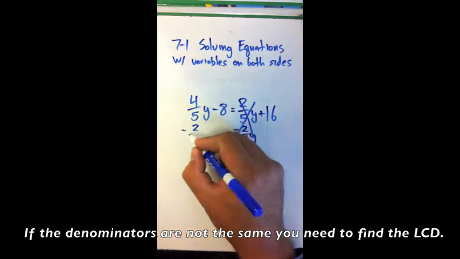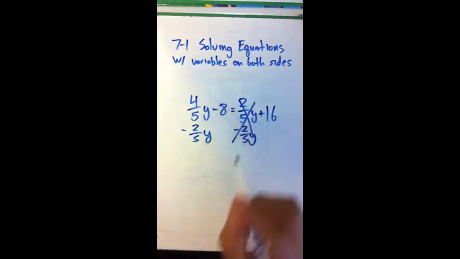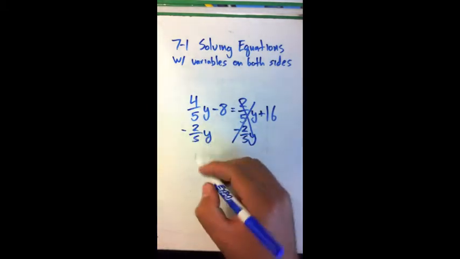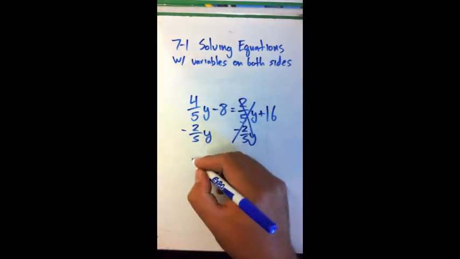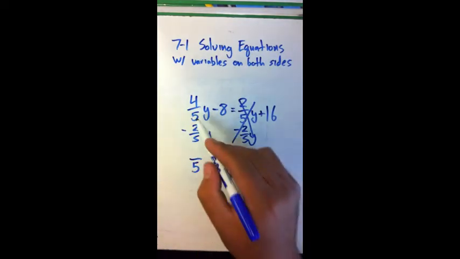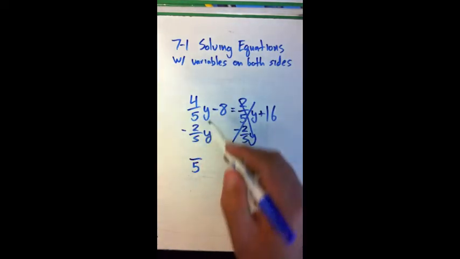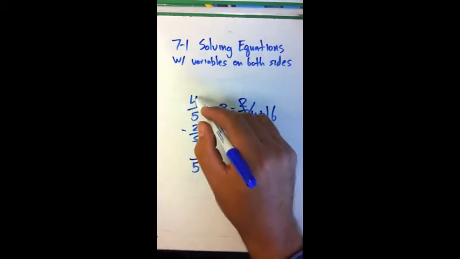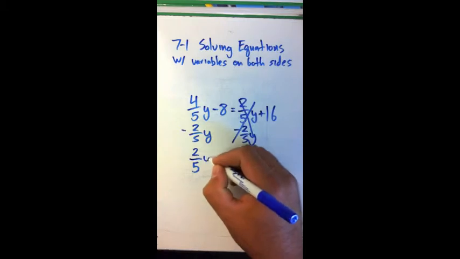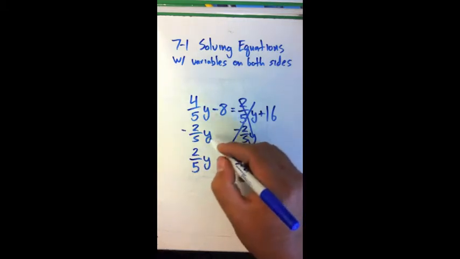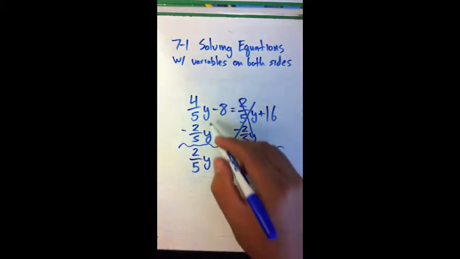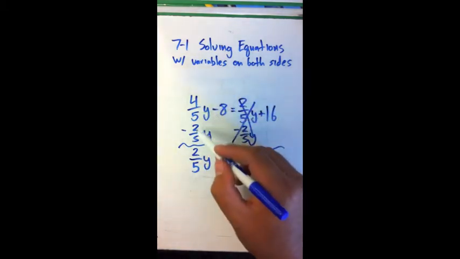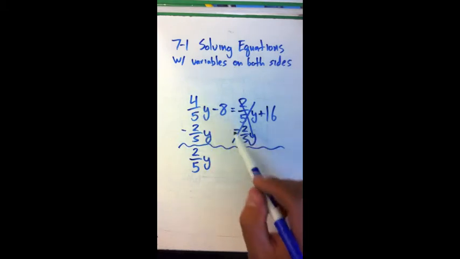Then I'm going to do the same thing to my left side, and it's a simple fraction subtraction problem, where the denominator stays the same, and you just subtract the numerators, which is 4 minus 2, which is 2. So I'm left with 2/5 y when I subtract 2/5 y from 4/5 y.